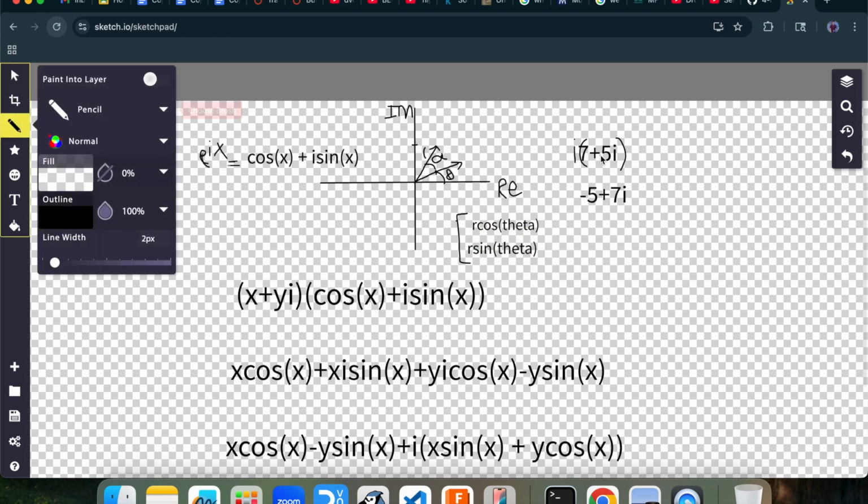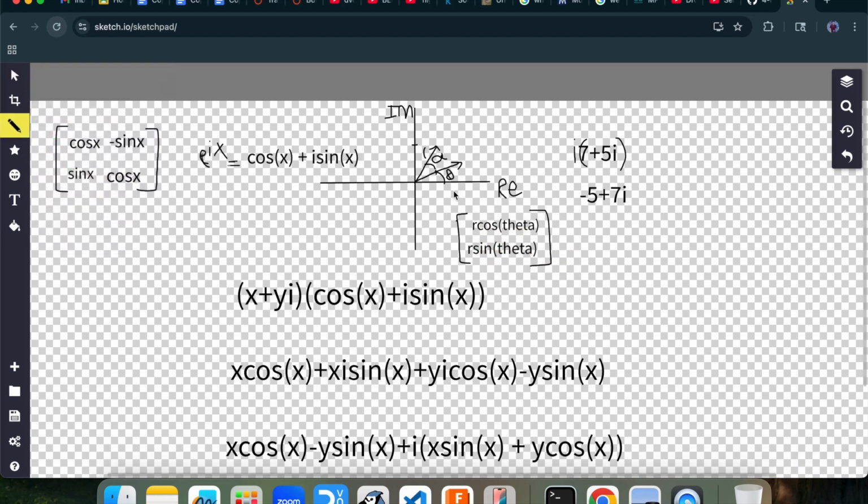So this original vector here, let's just say, is x1, y1.